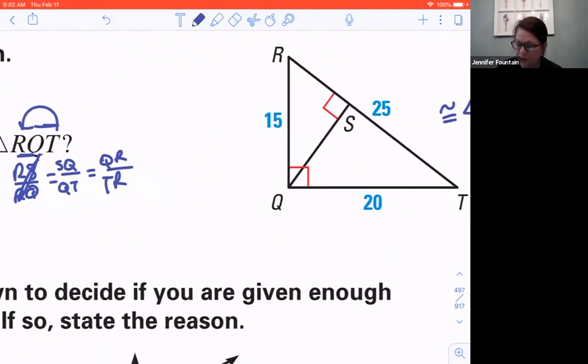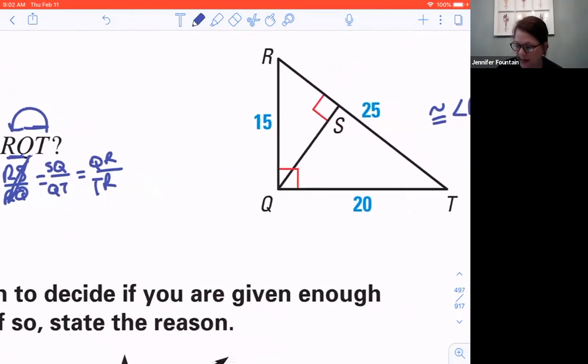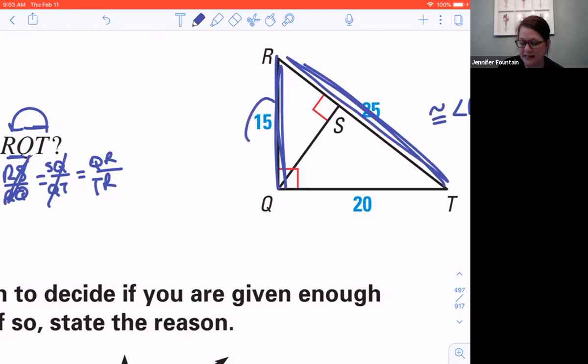SQ to QT. Again, I've got a number here, but I don't have anything here, so I cannot use that one. Now I'm going to look at my last one, and I can use QR over TR. And finally, I can see, hey, I've got two numbers here. QR is 15 and TR is 25.